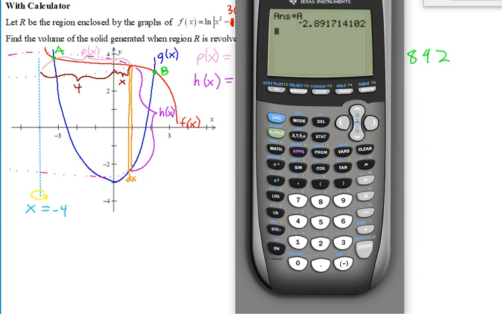And then let's find the other one, second calc, intersect. Number 5, first curve, enter for y1, second curve, y2, enter. And then guess, this time I don't want to go past the vertical asymptote here, so I'm going to guess 2.5 to be on the safe side. And it's 2.7019, which rounds to 2.702.